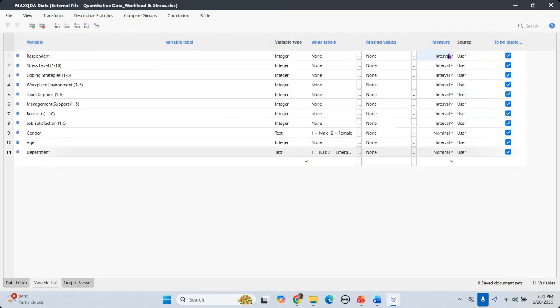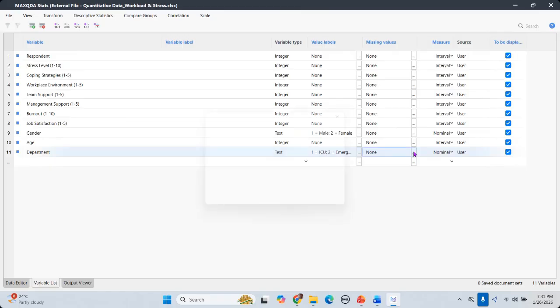Somebody is asking whether it is required to change the measurement. Having knowledge about types of data is very essential. Whether you change it here or not, it is not going to affect it. But having knowledge about types of data like measurement, nominal data, ordinal data, interval data is going to help you. Okay.